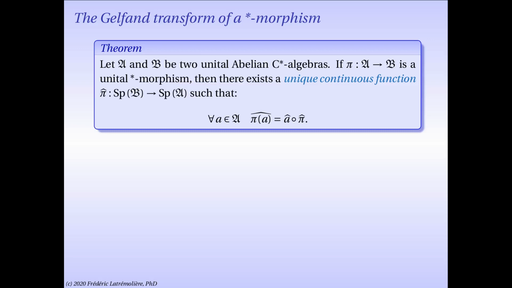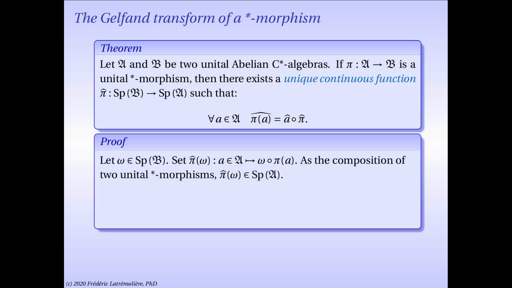For any element A in your C-star algebra in the domain, the Gelfand transform of pi of A equals the Gelfand transform of A composed with this pi hat. So to prove this, we're just going to use our knowledge of the Gelfand-Naimark theorem. I take a character in the spectrum of B, and I want to associate to this character a character of A through a map that I'm going to call pi hat, so that I have the relation stated in the theorem.